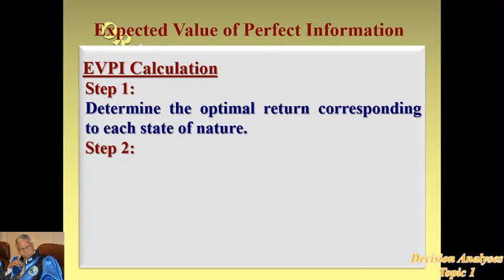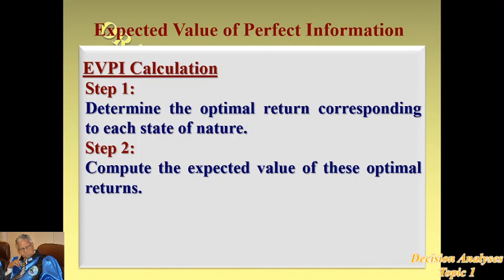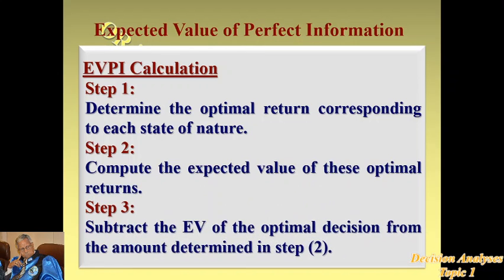Number 2, compute the expected value of this optimal return. Number 3, subtract the expected value of the optimal decision, which we determined before, from the amount determined in step number 2.